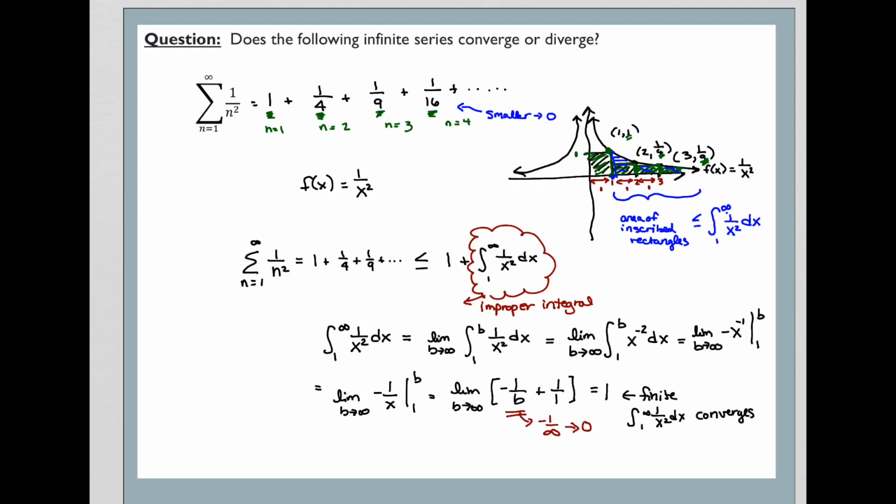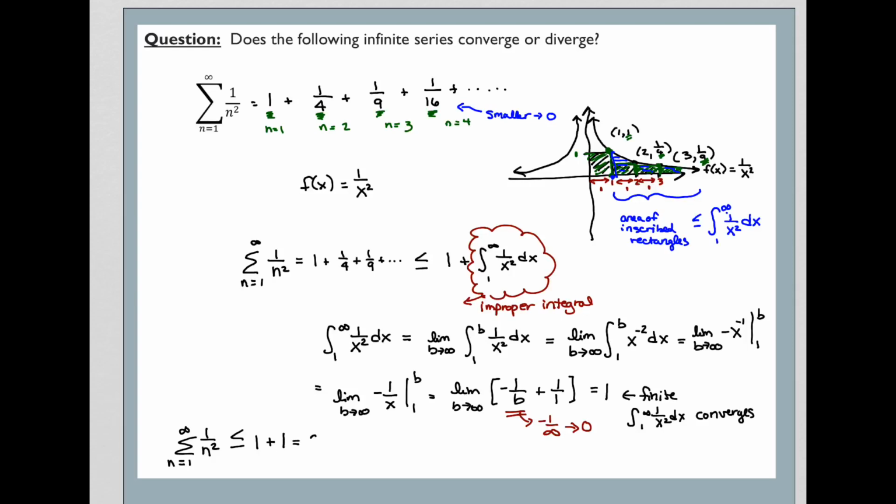But more than that, what we started with was the infinite series n equals 1 to infinity of 1 over n squared, and we said that that was less than or equal to 1 plus the integral from 1 to infinity of 1 over x squared, which we discovered was 1.